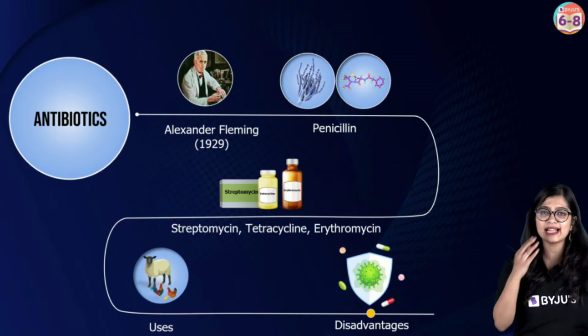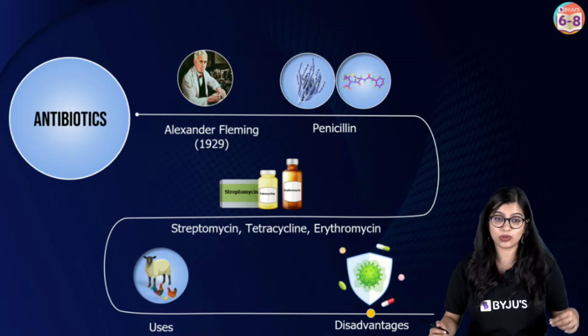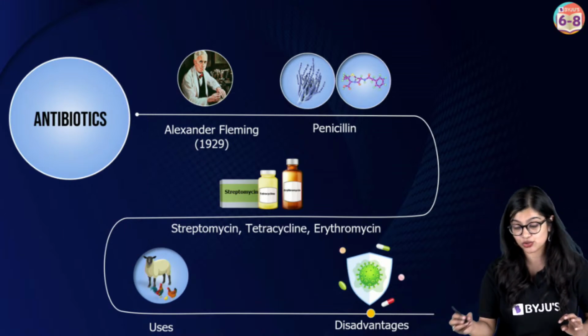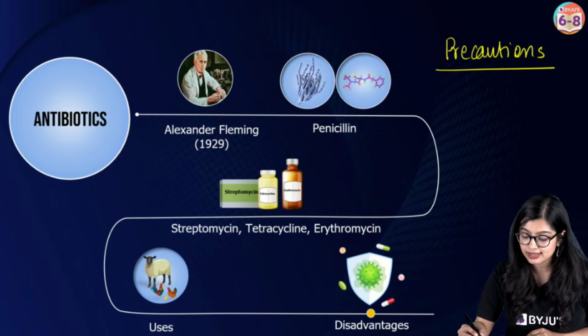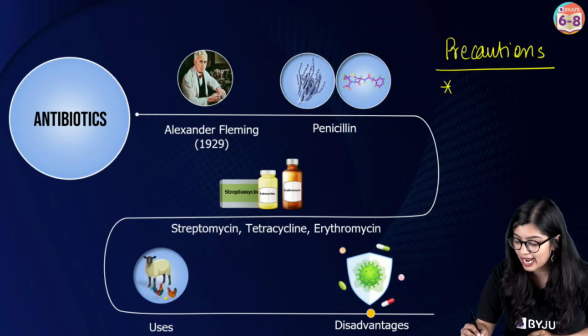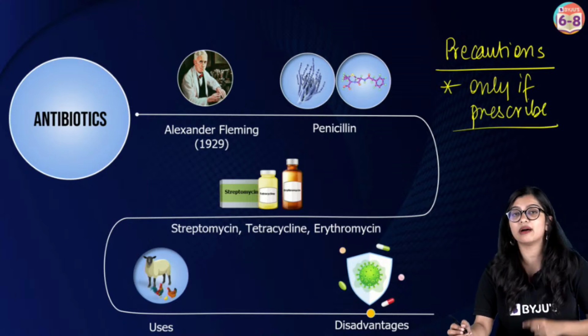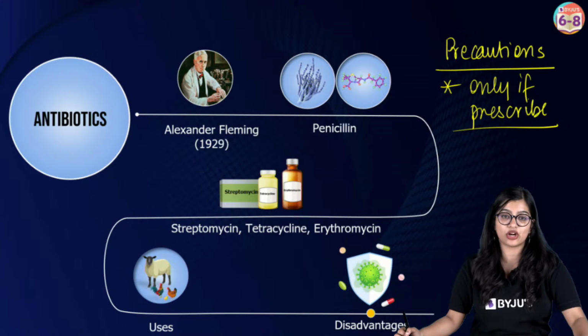Then of course there are various disadvantages, or rather I would say there are some precautions to keep in mind. What are the precautions? First and foremost, we should take antibiotics only if prescribed by the doctor. We should not go to the medical store and say, give me this antibiotic, right?